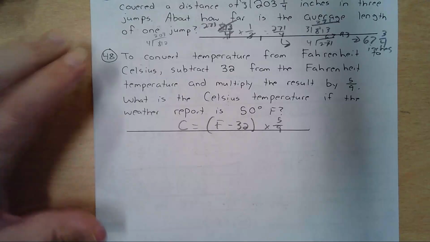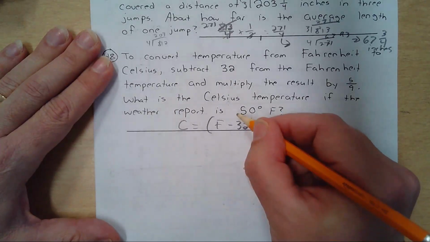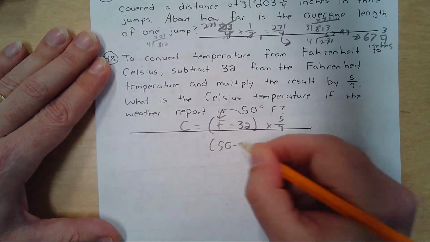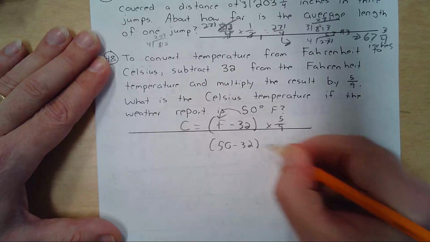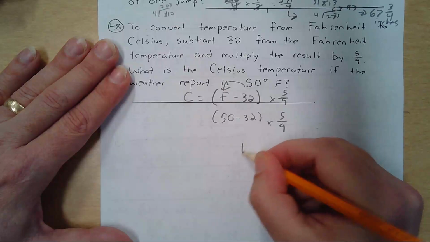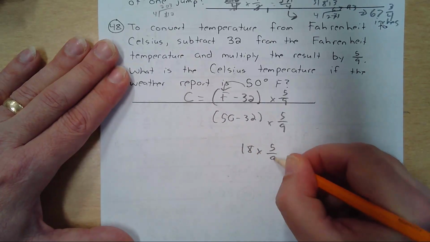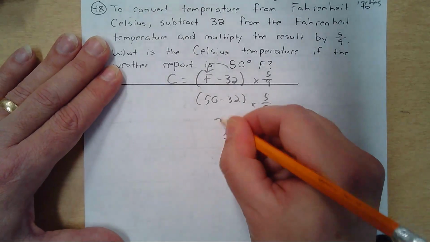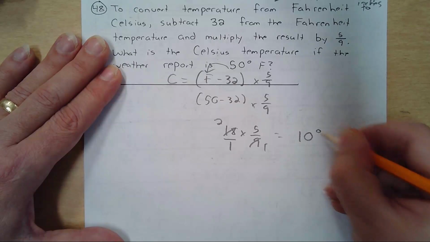It tells me that the F value is 50, so just plug it in here. 50 minus 32 times 5/9. 50 minus 32 is 18 times 5/9. 1, 2, it is 10 degrees.